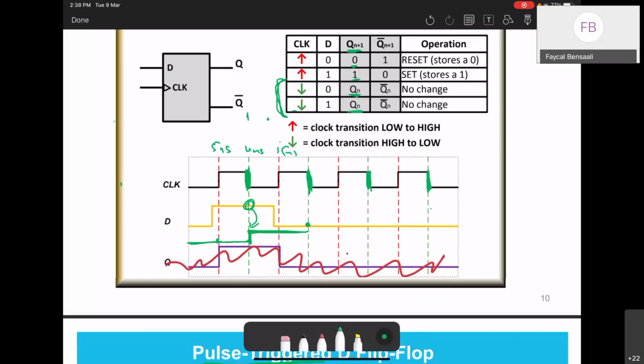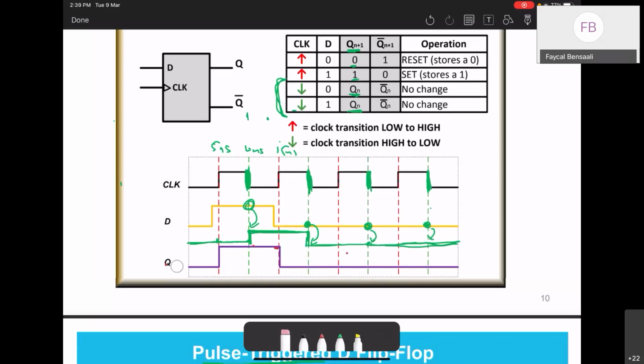Here, the new value is 0, so Q follows D. If D is 0, then it goes to 0. And this is why we get 0 here. And then as you can see, for the rest it is 0, so it stays 0. And then again, it's 0, it stays 0. Do you see the previous one?